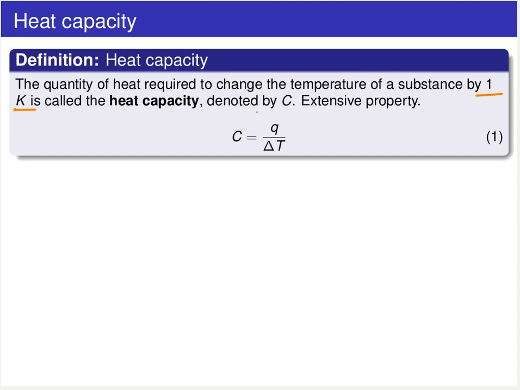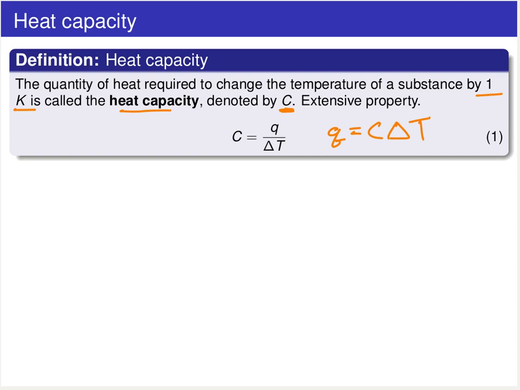We typically use an uppercase C to denote it, and the expression is Q over delta T. Building off the previous relationship, we could also write this as Q equals C delta T. So this capital C heat capacity serves as our constant of proportionality.